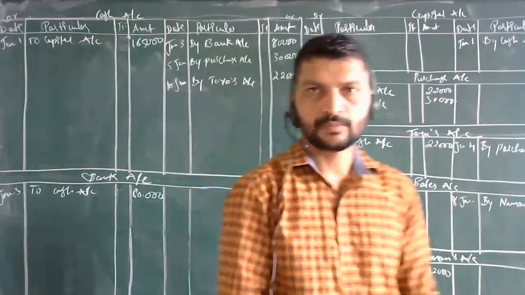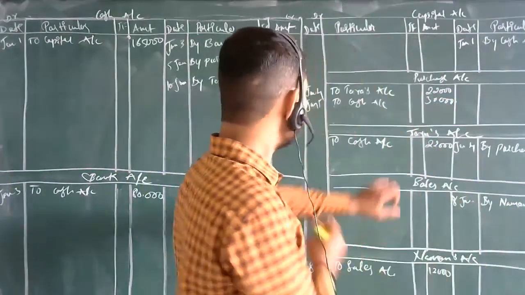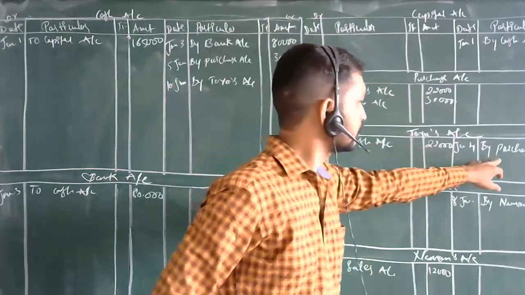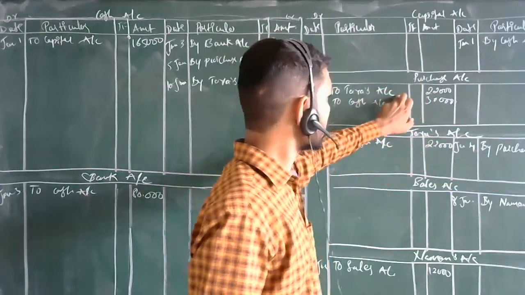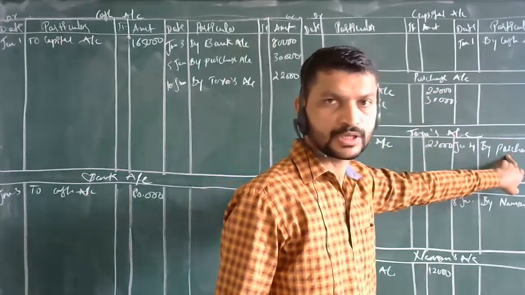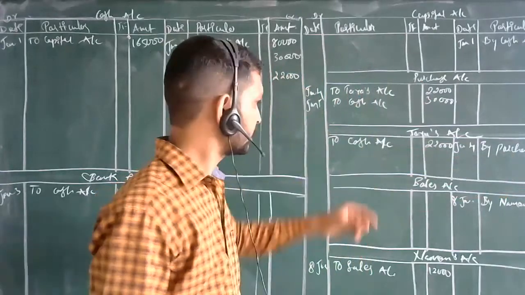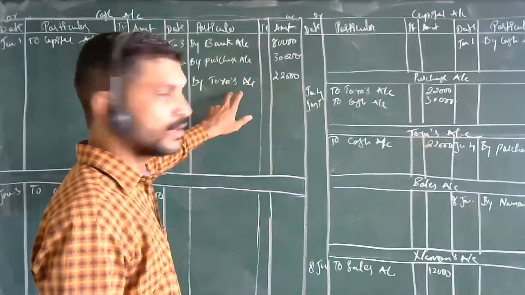First you purchased the goods from Tara, right? In Tara's account, it was purchase account debtor to Tara's account. Purchase account was debited and Tara's account was credited. Now what happens? You have paid cash to Tara. So Tara has been debited and cash has been credited.